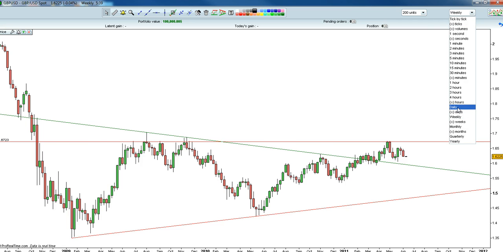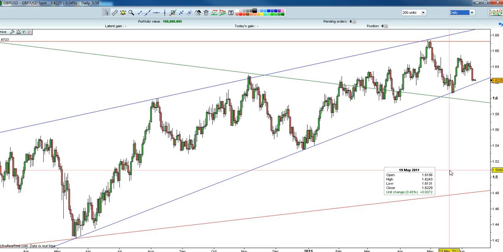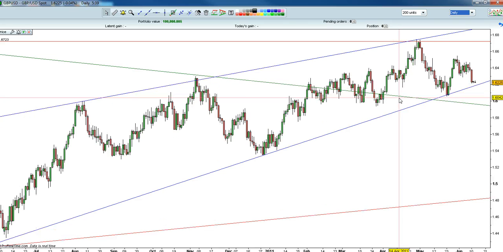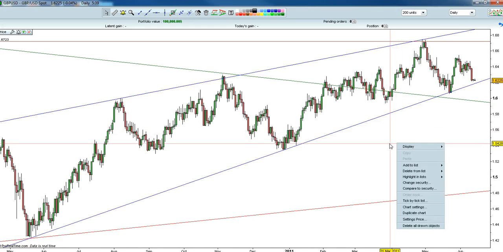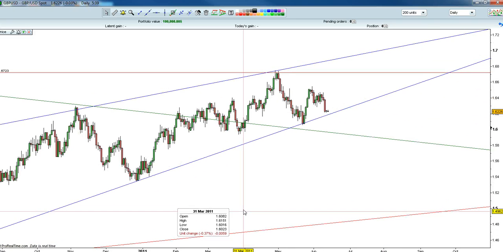Breaking it down to shorter time frames, here on the daily we can see this ascending wedge formation. Now, an ascending wedge formation has a bias to break to the downside, but while she is inside the wedge, the bias is still up. The bias is bullish while she's inside the wedge.